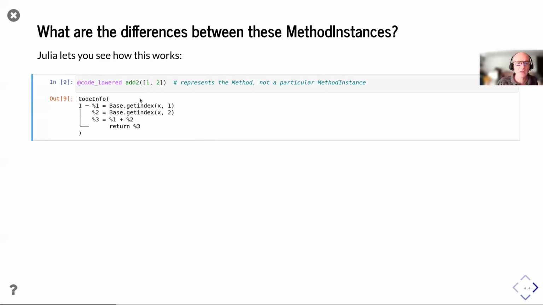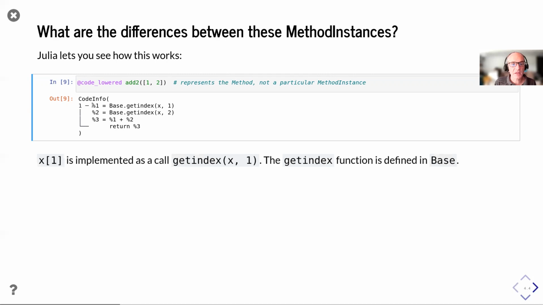You may recall the way add_to is implemented is it just gets x[1] and x[2] and then adds them together. That's really what these different lines of this code info output do. The first one here is extracting the value of x at index 1. This one is extracting the value of x at index 2.